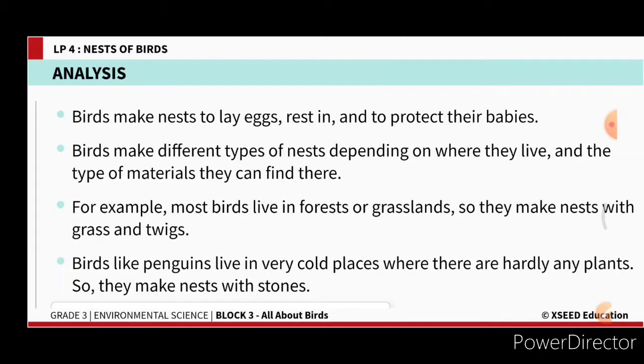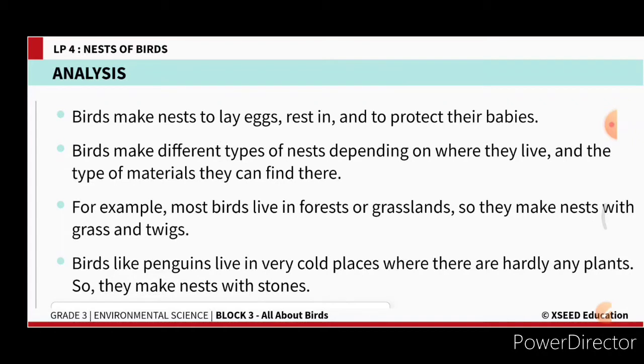Some other animal might come, a hawk or eagle might come and grab the young baby and kill it. So that is the reason birds don't lay eggs in open space. Birds make nests to lay eggs in the nest, to take rest inside the nest and to protect their babies.